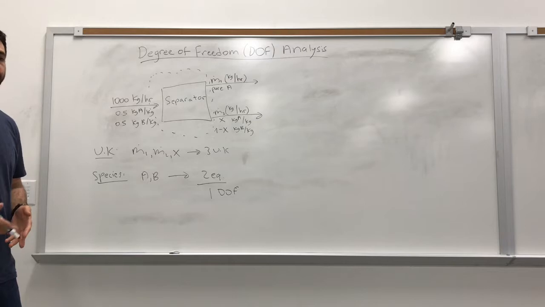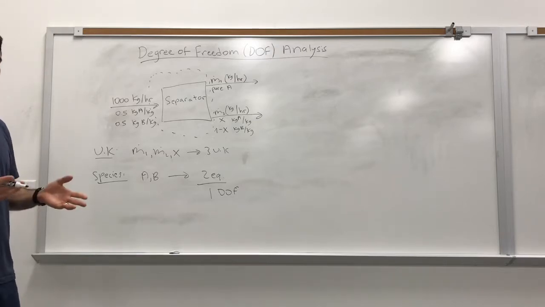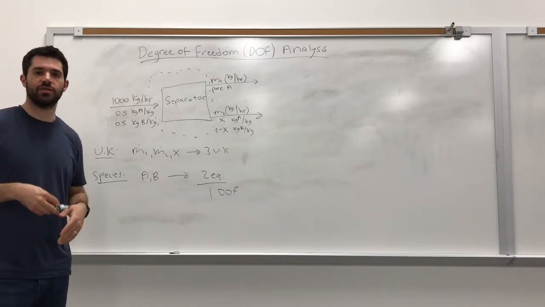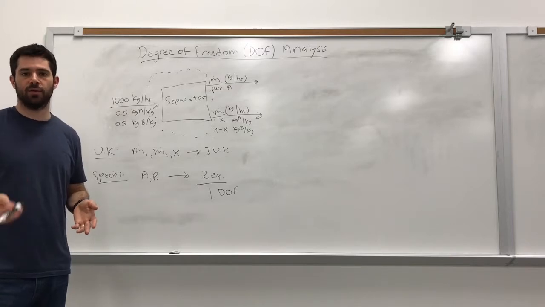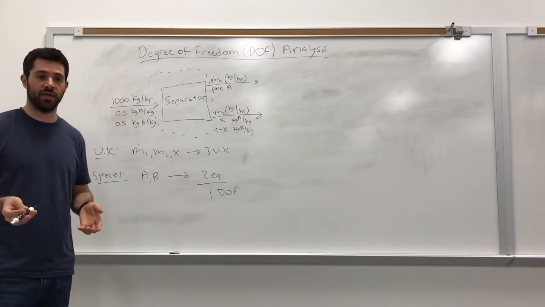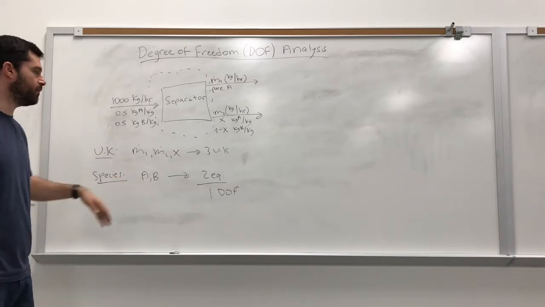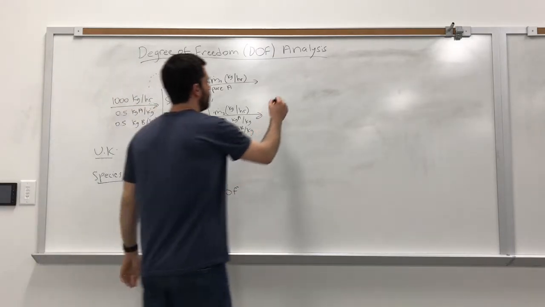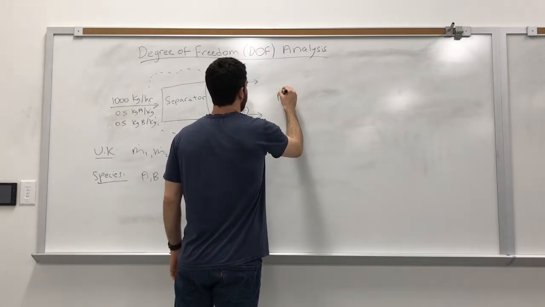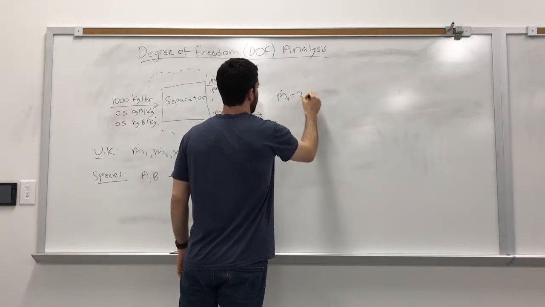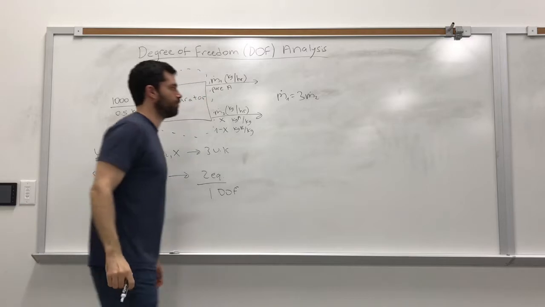But now, what if I went ahead and gave you another equation, right? We said that the degrees of freedom is the number of unknowns minus the number of independent equations minus any other equations. So the independent equations are the species balance for A and B. But what if I told you that M1 is 3 times M2?